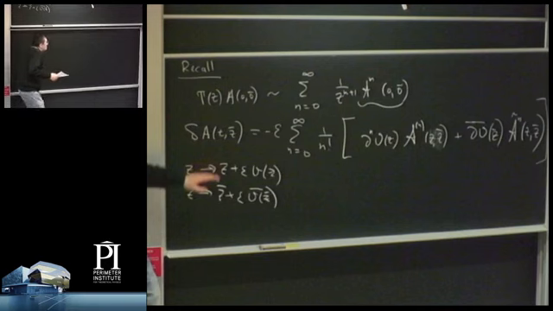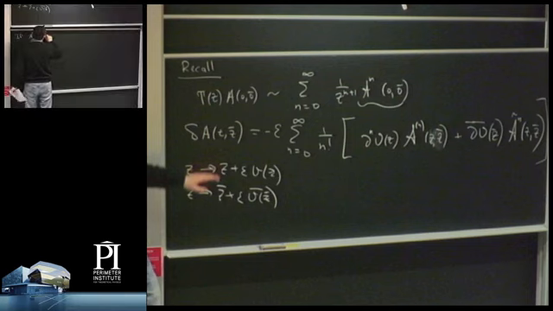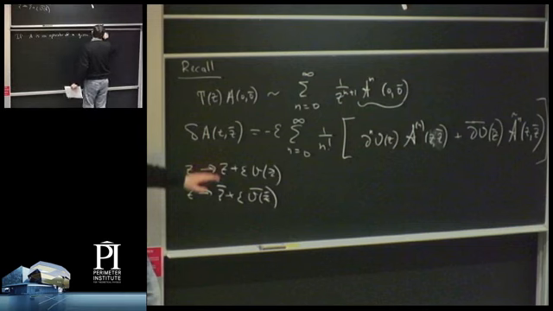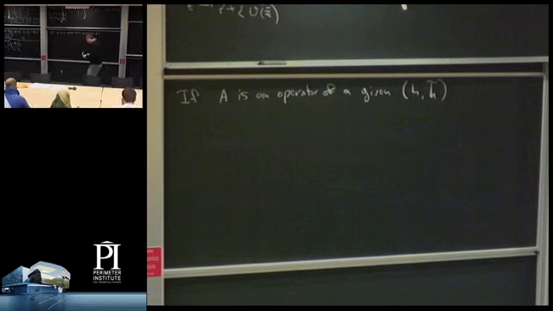And so in particular, if we have a tensor operator, right, so if A is an operator of a given weight, we know that this operator has particular holomorphic and anti-holomorphic weights.